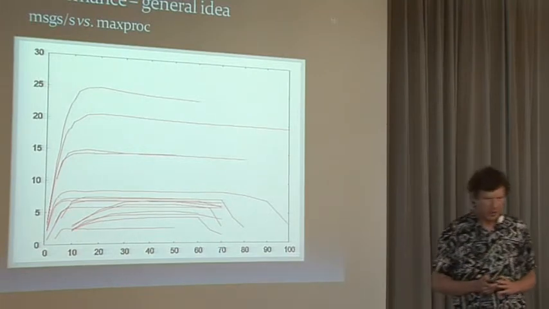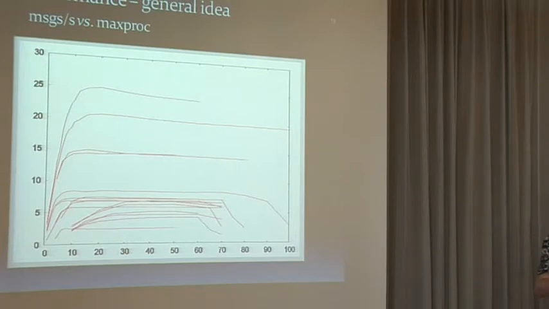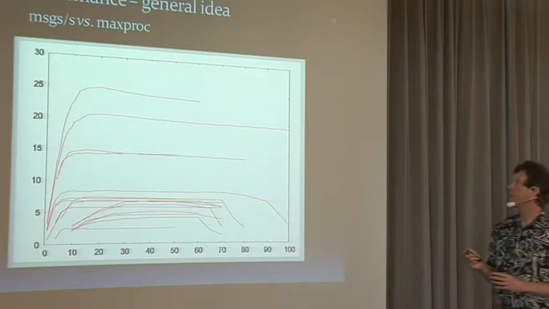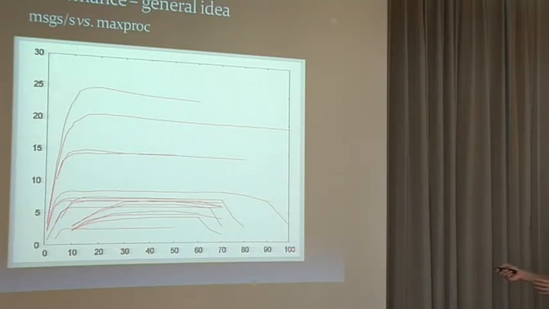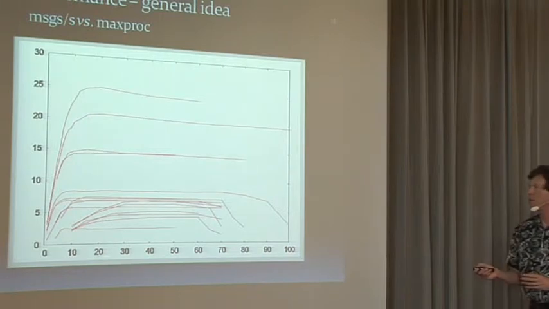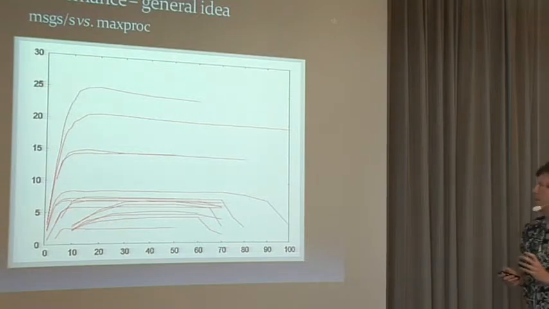Okay, let's go to some benchmarking data, rather briefly, but there's one important thing I would like to point out here, because the number of processes is the main tunable knob to Amavisd.